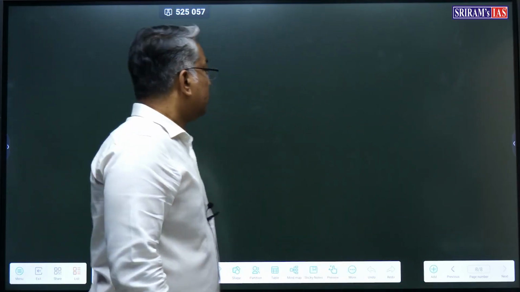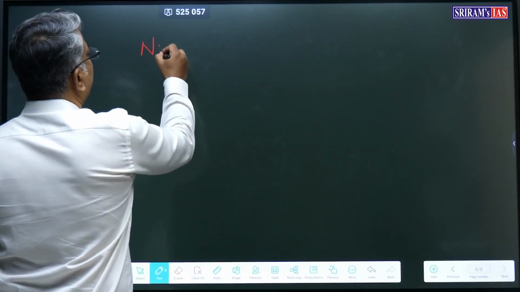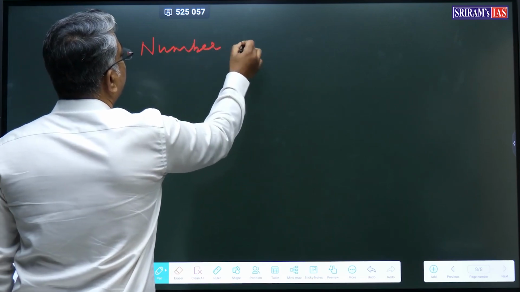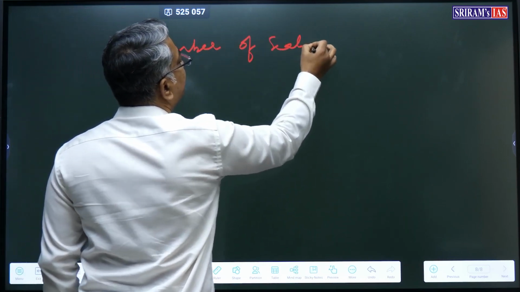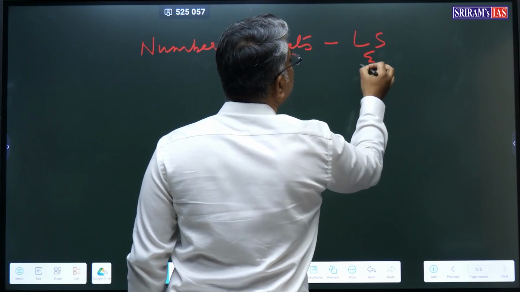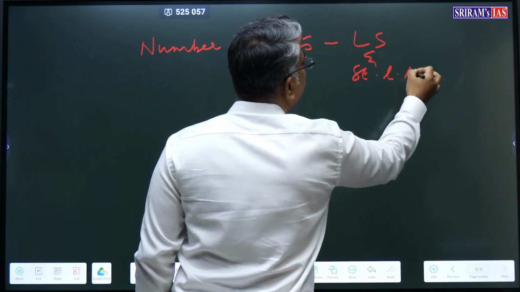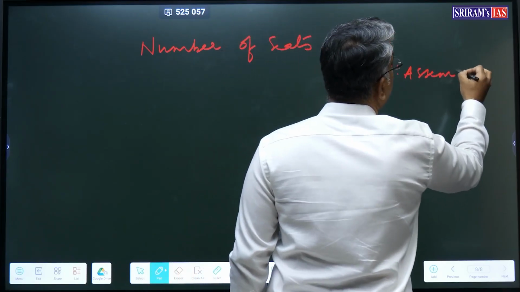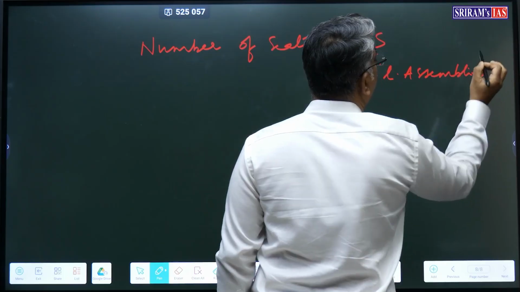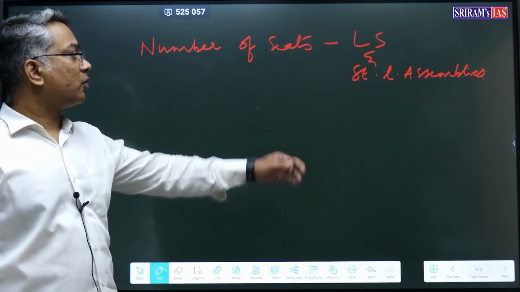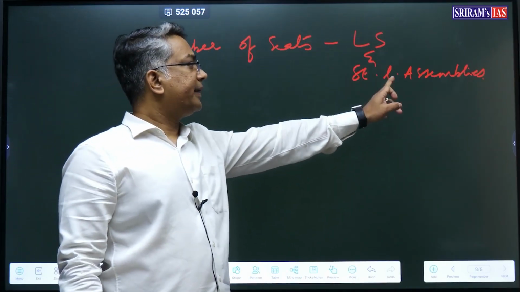Now, the number of seats for Lok Sabha and state legislative assemblies.